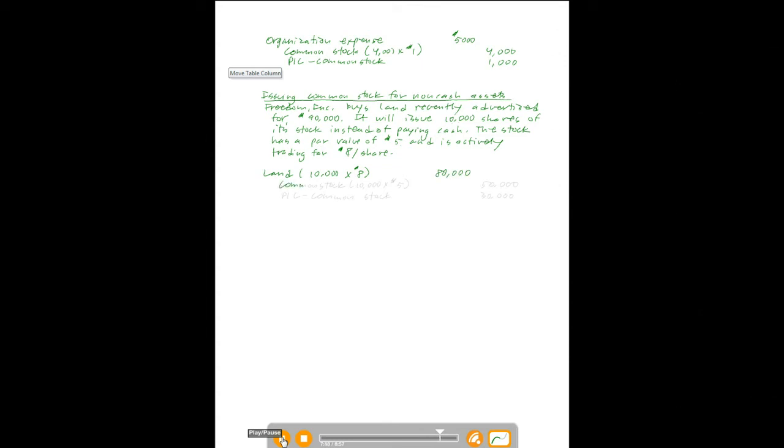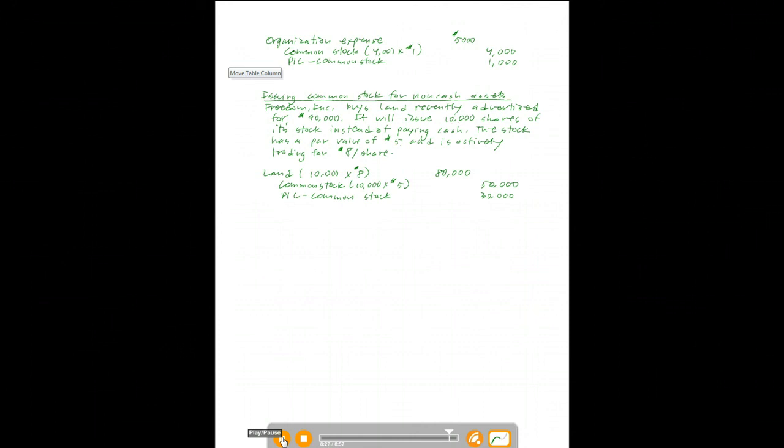The common stock account is credited for 10,000 shares times the par value of $5, which would be $50,000, and the excess $30,000 is paid in capital in excess of par on common stock. So just to be clear, you never look at the par value when you're determining the worth of the land. You always go by the market value.